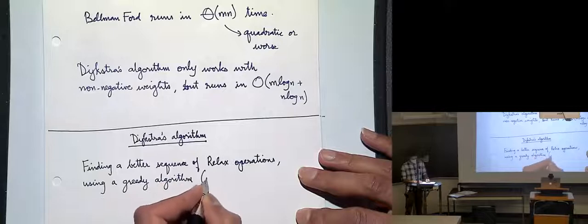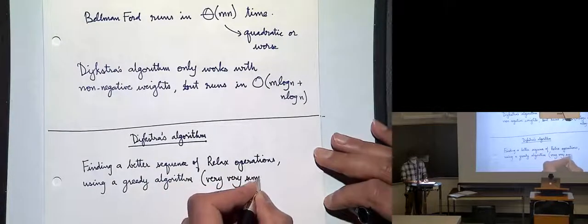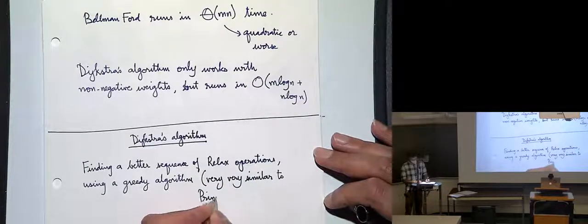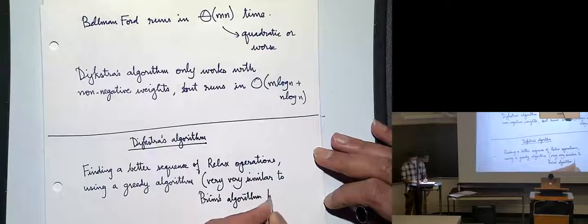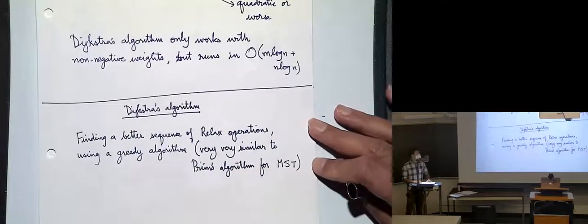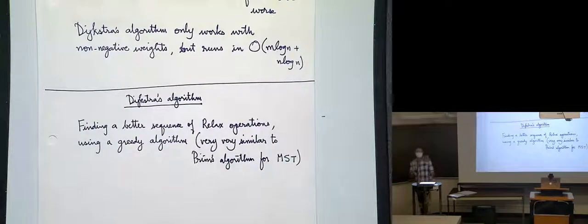This is very, very similar to Prim's algorithm for the minimum spanning tree. Indeed, it's basically the same up to some modifications on what you store.